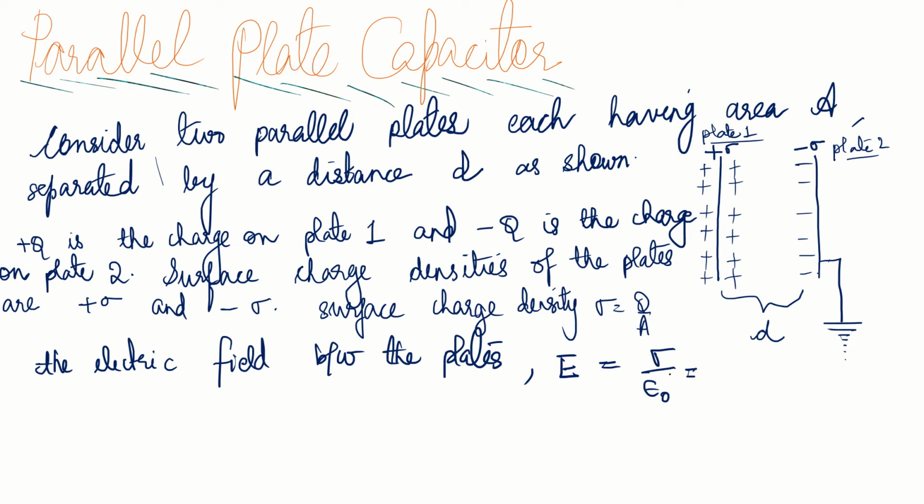Sigma is the surface charge density, which we have written is Q by A. Now in place of sigma, we substitute Q by A and write it together with epsilon naught. So E is equal to Q by A epsilon naught. That is the electric field between the plates.